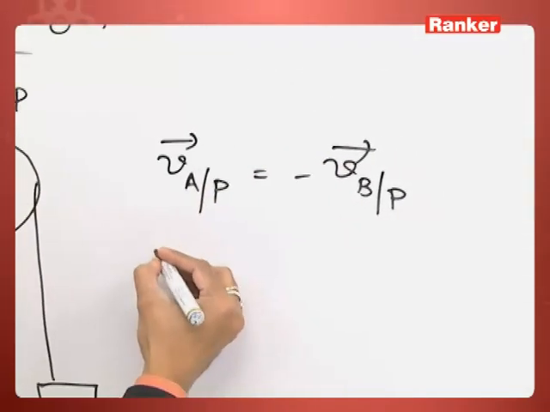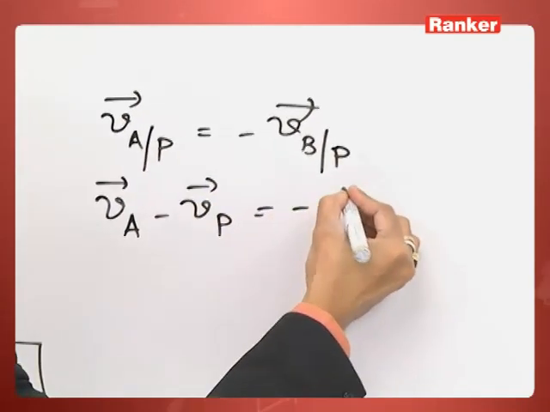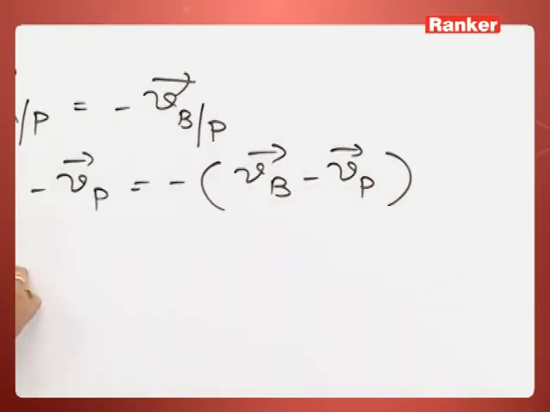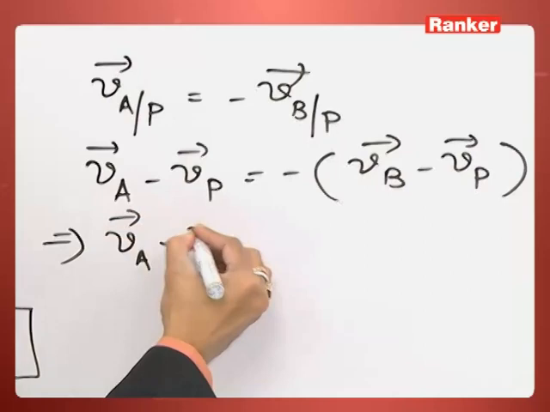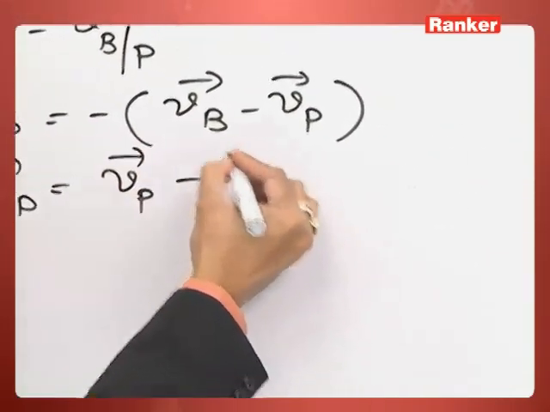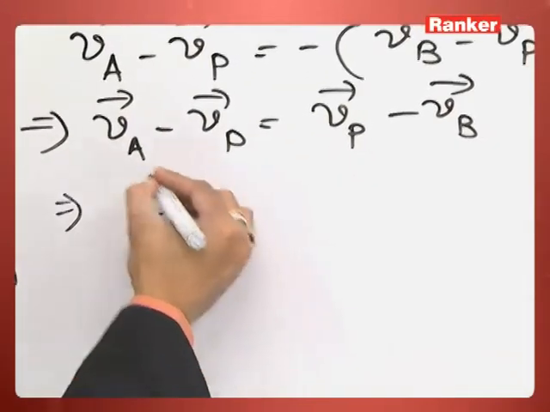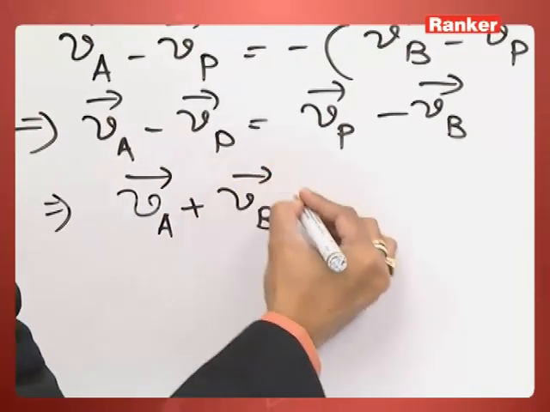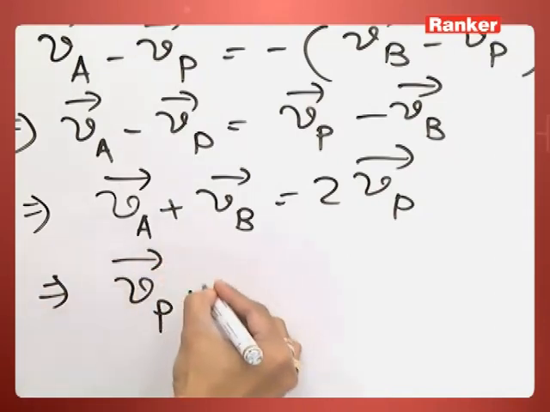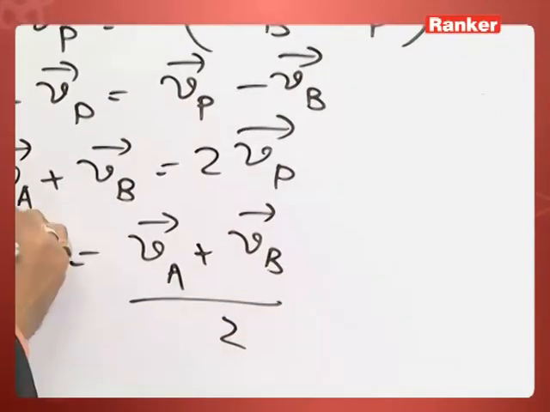So vector signs, I will take relative. So here I can write velocity of pulley is VA plus VB whole divided by 2.